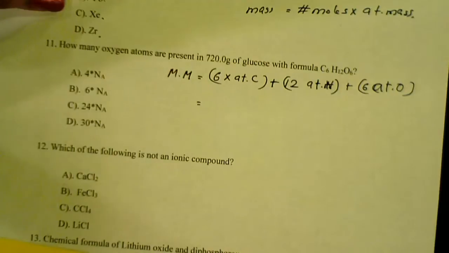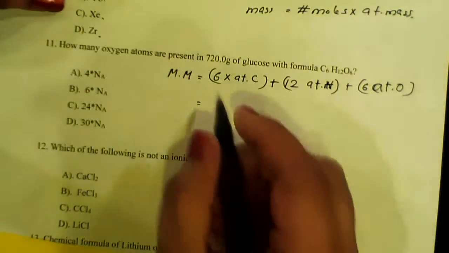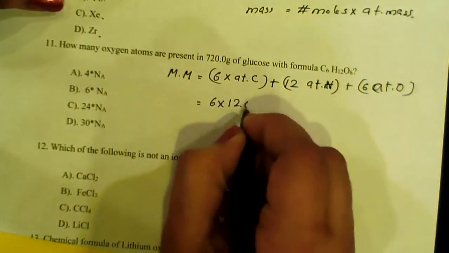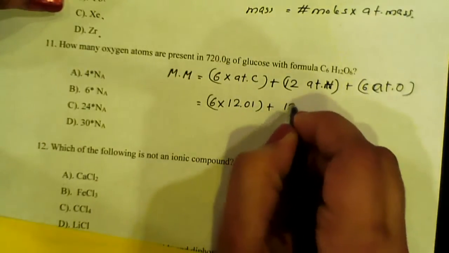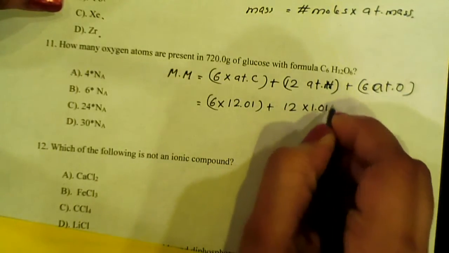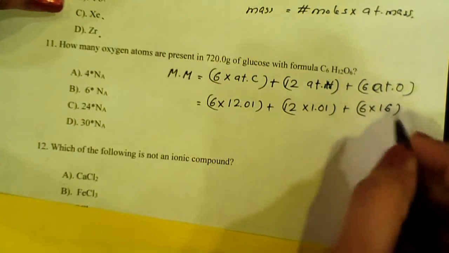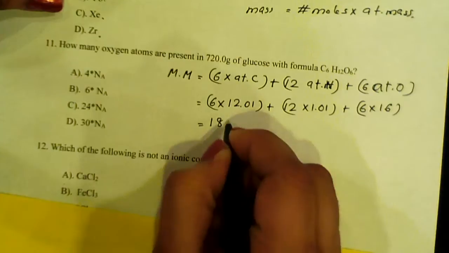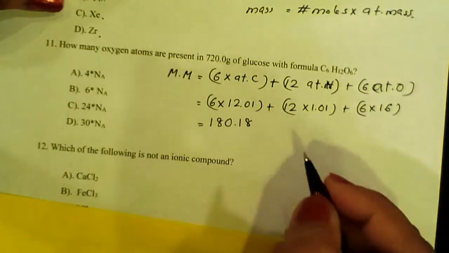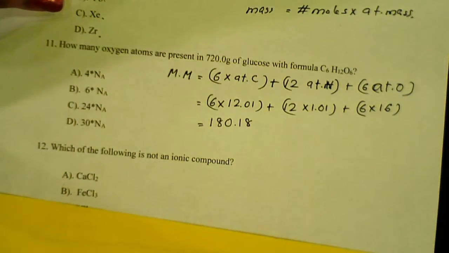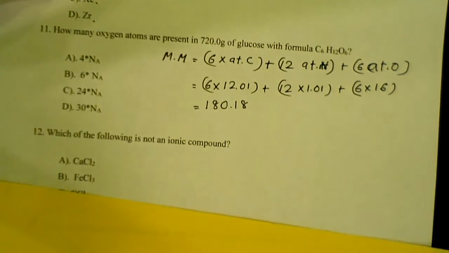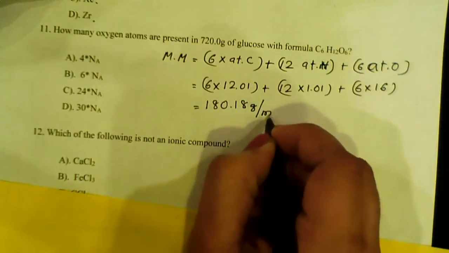Carbon is 12.01, hydrogen you can use 1.01, and oxygen will be 16. So 6 times 12.01 plus 12 times 1.01 plus 6 times 16 gives 180.18. So molecular mass of C6H12O6 will be 180.18 gram per mole.